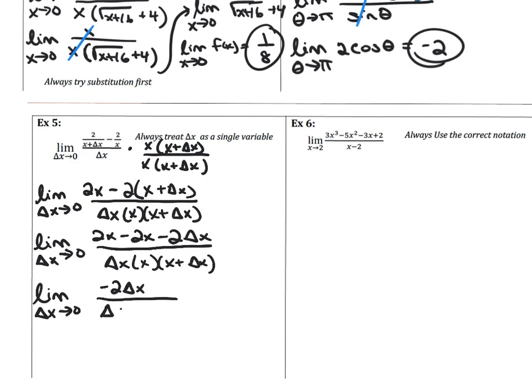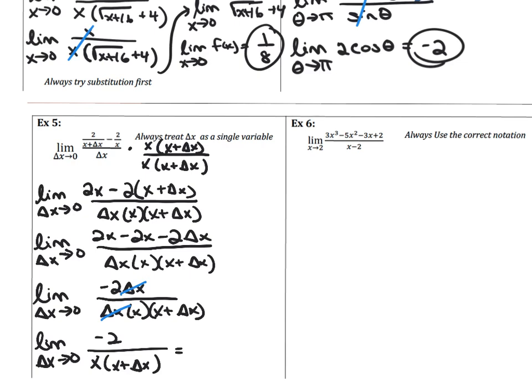And then we have delta x, x plus delta x in the denominator. And delta x is just a variable like y, so we can cross out that common factor. And then we're left with a limit as delta x approaches 0 of -2 over x times x plus delta x.